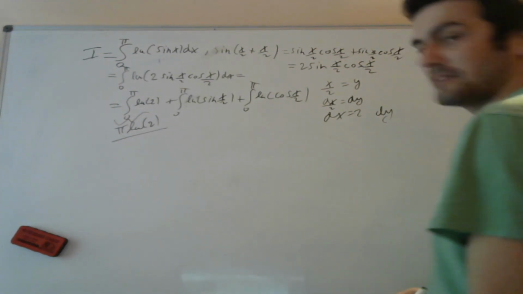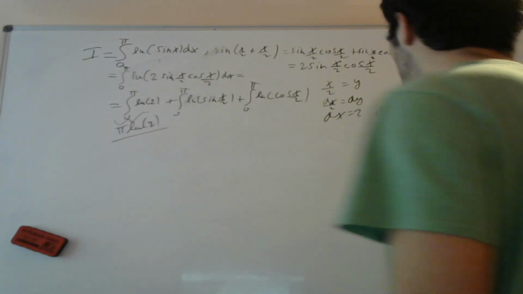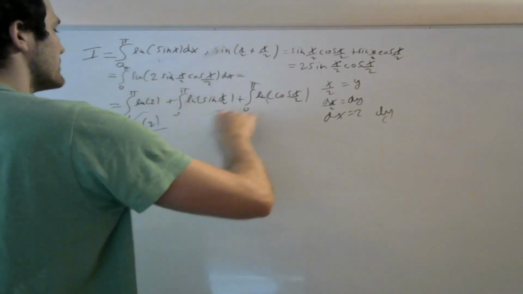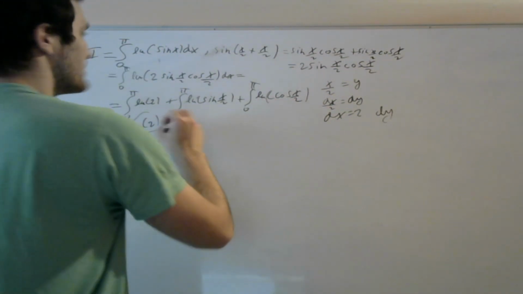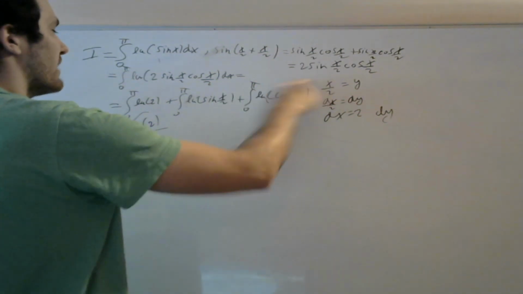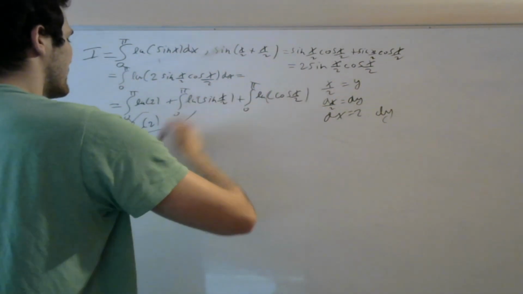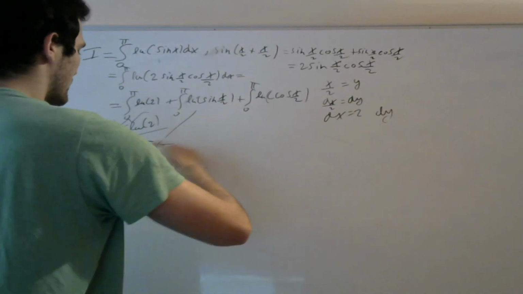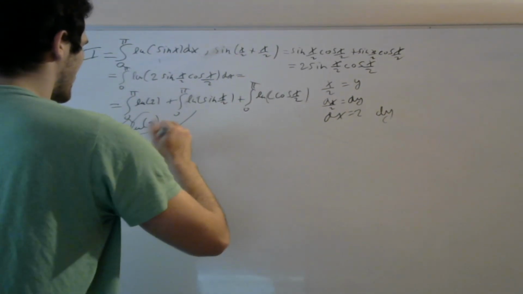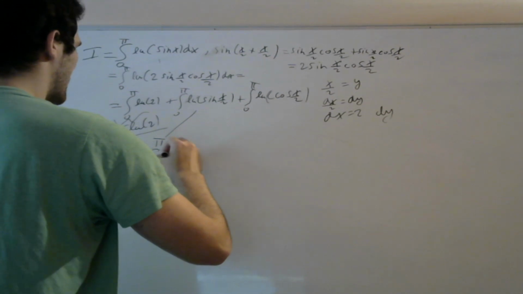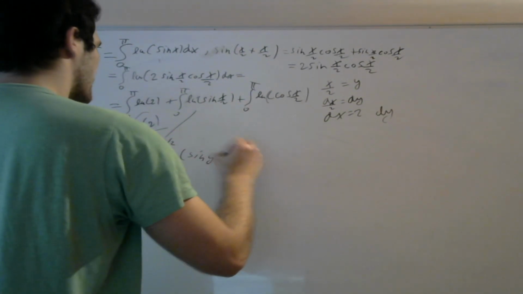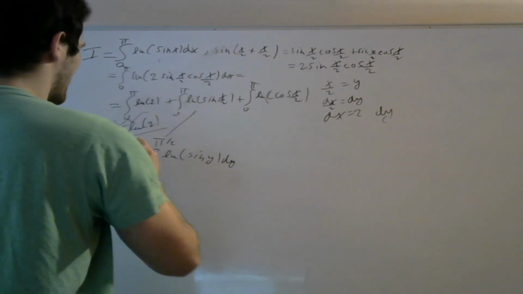Now when we plug it in, for pi we get pi over 2, and for 0 we get 0. So this one equals the integral from 0 to pi over 2 of ln of sine of y dy, times 2.